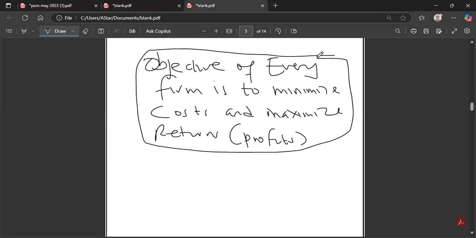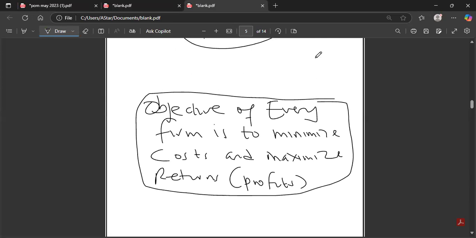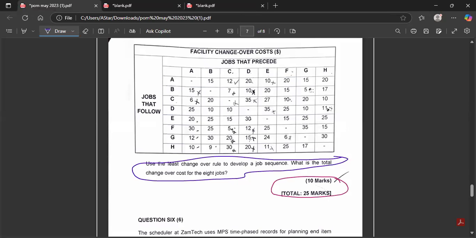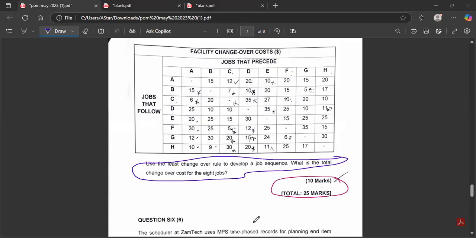I'm sure you're with me, right? So, when we're looking at this problem, our objective is to minimize what? Mr. Shomba, what's our objective here? Is to minimize the changeover costs, the cost that we incur doing this job and then moving to another job. Thank you very much.